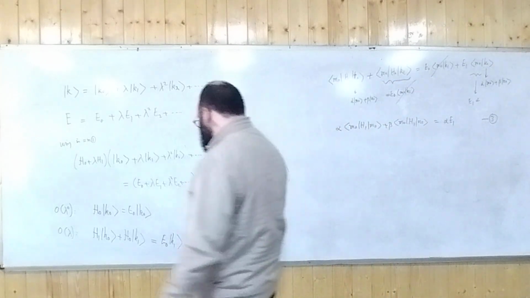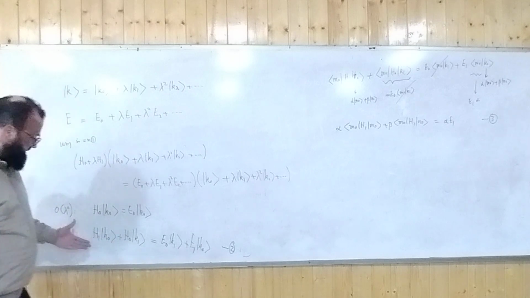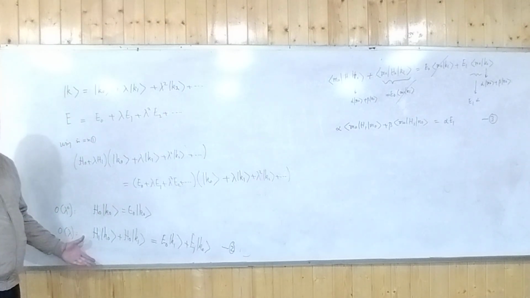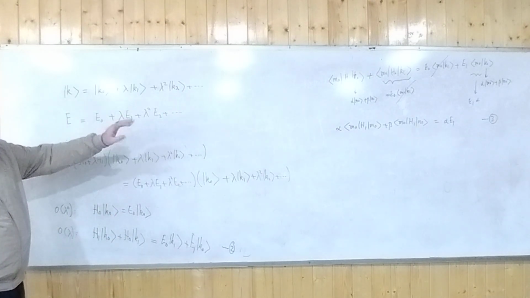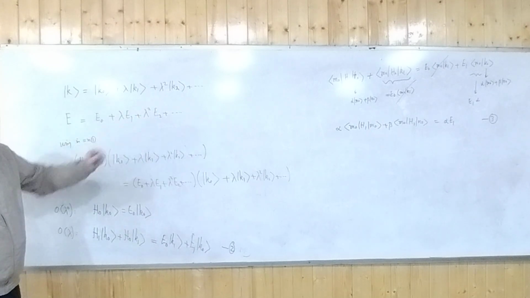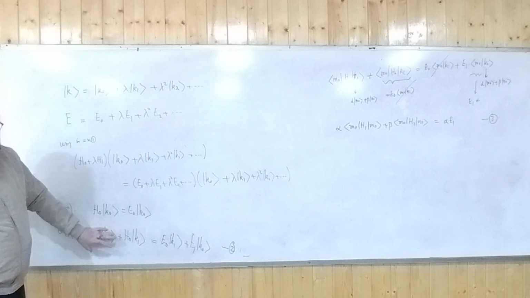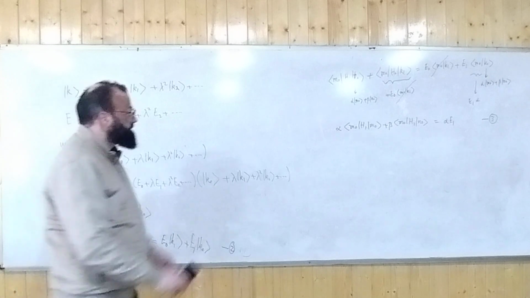Now let's take an overlap of this equation second with n0. I have taken the first overlap with m0. Now I will take the overlap of this very equation with n0. Clear?